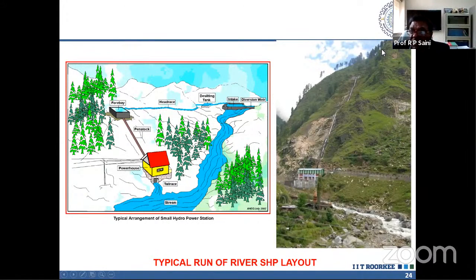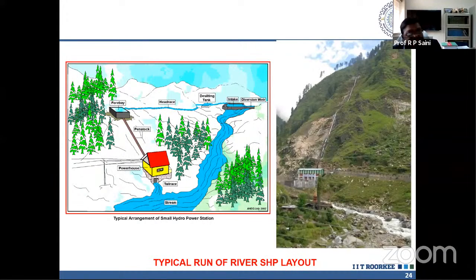To shorten this route, I take the forebay tank here, and directly this head is a penstock. It's a pressure conduit, a minimum water conducting system in order to avoid the losses. And here's the powerhouse. I tap this head here, and the water goes again into the same stream. So this is the location.